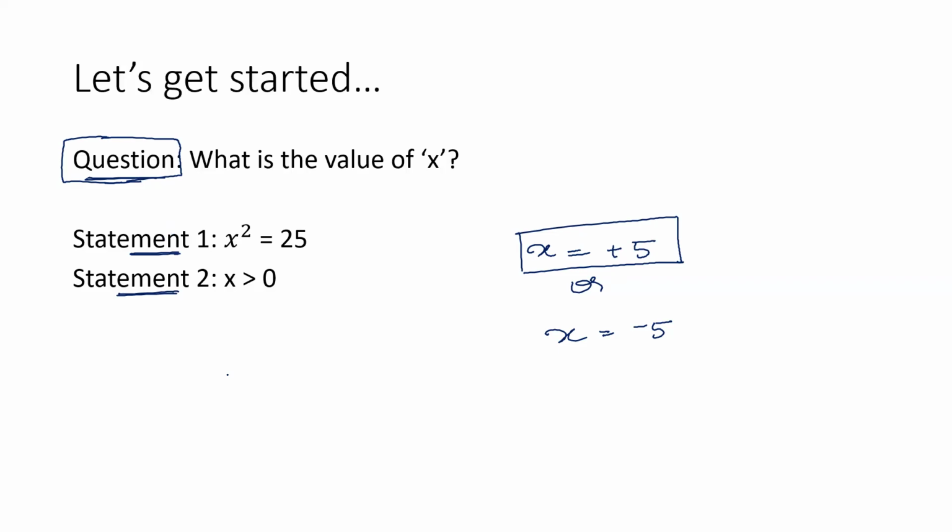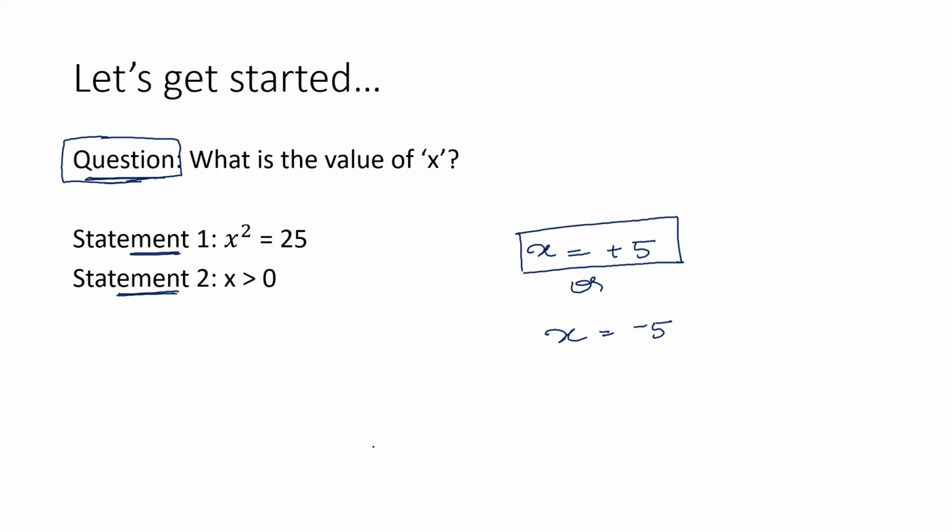So statement 1 and statement 2 together are required for answering this question. All right. So data sufficiency is all about checking how much extra input you need for answering a question.